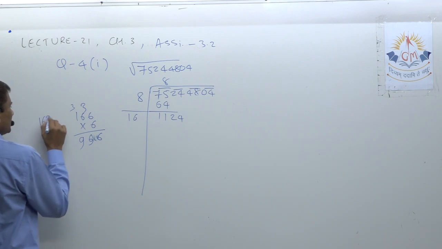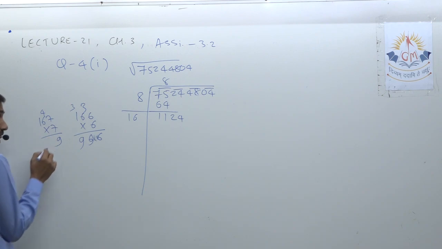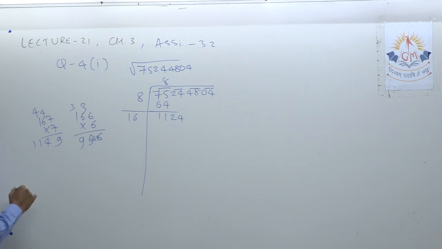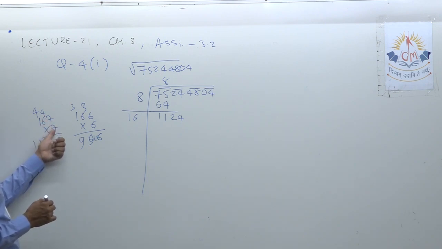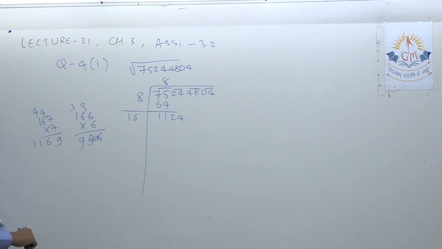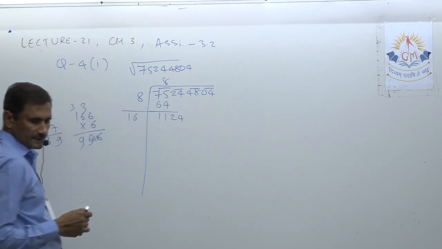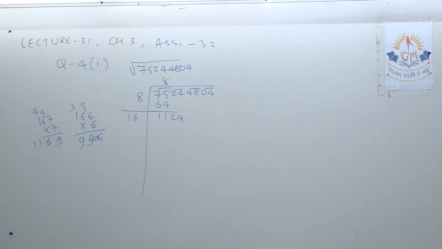So look, 167 into 7. 7 sevens are 49, 4, 6 sevens are 42 plus 4, 46, 4, 7 ones are 7 plus 4, 11. So it is quite more than that. 167 into 7 there.